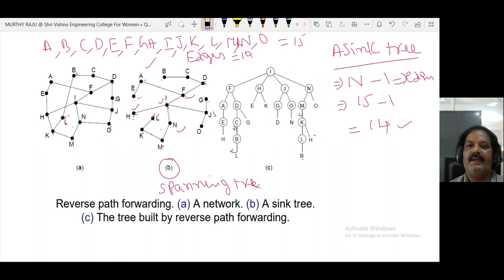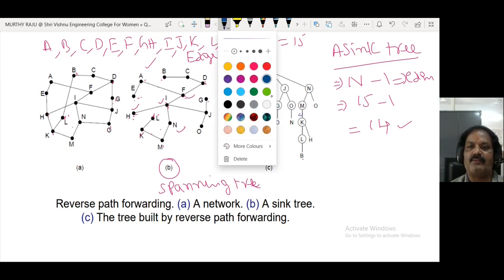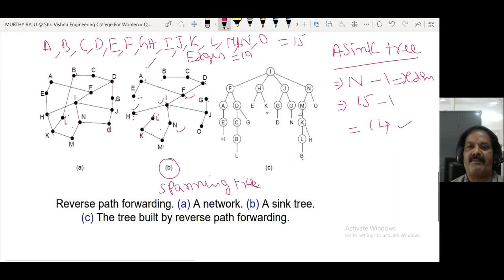Next, count the number of preferred path packets. Count the total number of preferred packets. This one is a preferred path. This one is a preferred path. Preferred paths: 1, 2, 3. This is not a preferred path. 4.